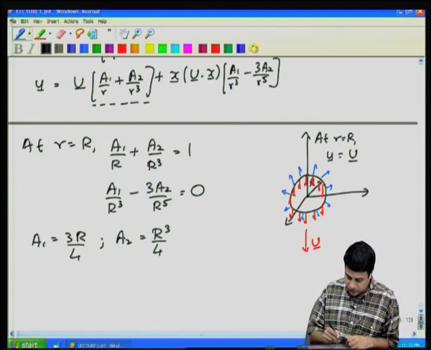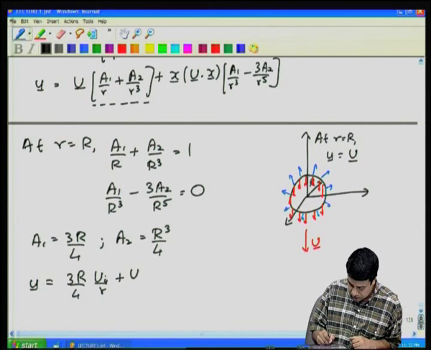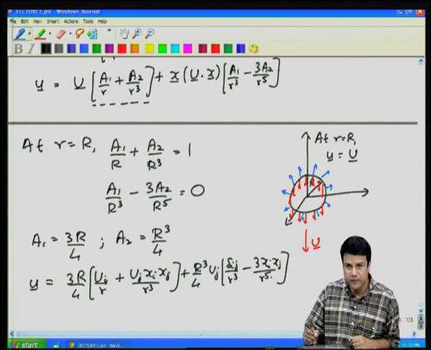Okay. So, therefore, the fluid velocity vector is equal to 3r by 4 into ui by r plus uj xi xj by r cubed, plus r cubed by 4 uj into delta ij by r cubed minus 3 xi xj by r to the power 5.